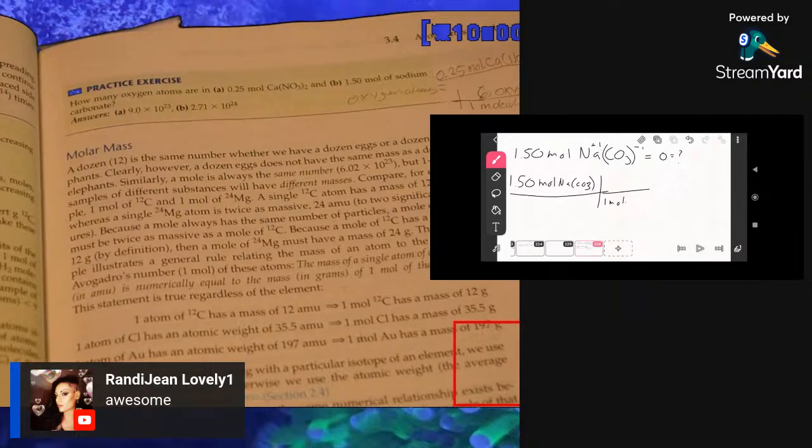All right, and 1 mole, like I said, guys, I'm just repeating the same thing over and over. So 1 mole of sodium carbonate has 6.02 times 10 to the 23rd molecules.